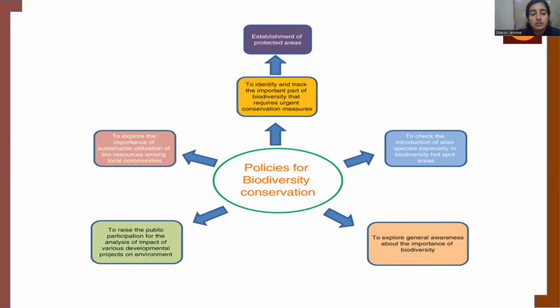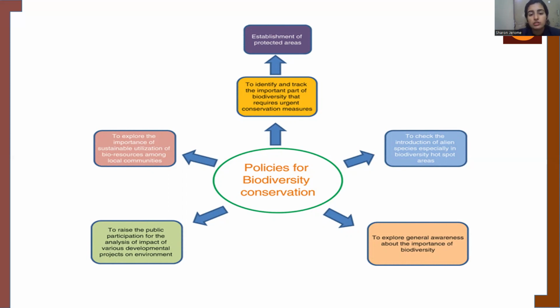The next aspect is to explore the importance of sustainable utilization of bioresources among the local communities. For their basic needs, local communities or anyone depend on biodiversity. So we must make them aware about the sustainable use of these resources so that they can be used for the future.